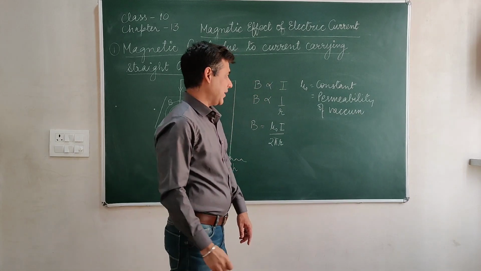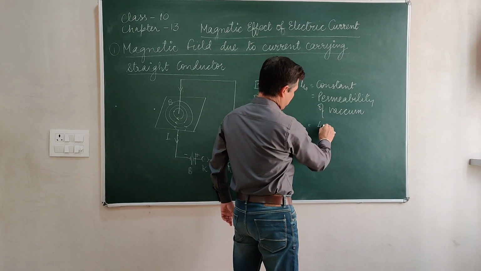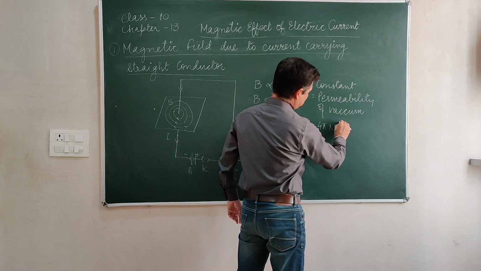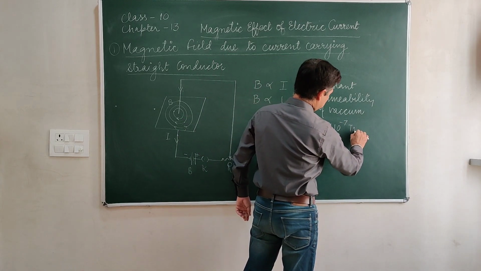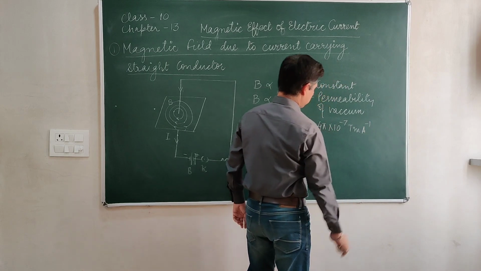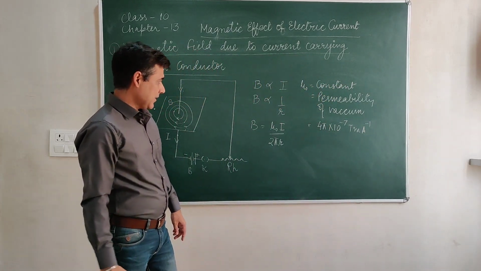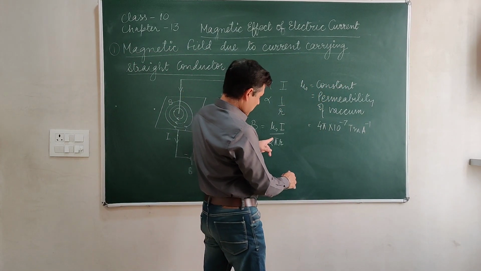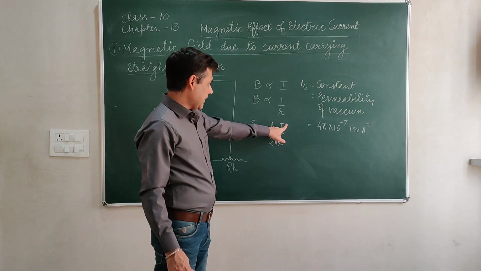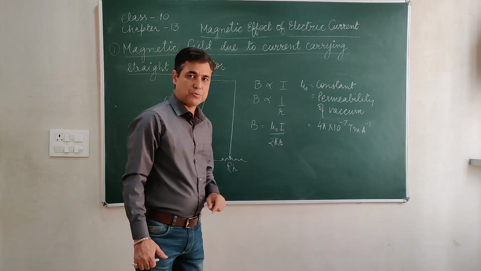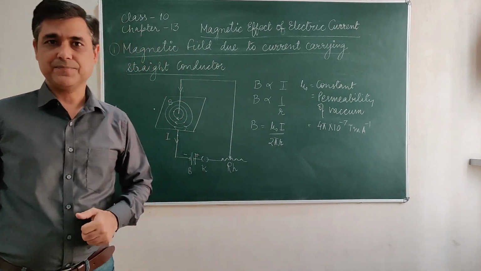It has a constant value of 4 pi into 10 to the power minus 7 Tesla meter per ampere, and the 2 pi is a constant over there.